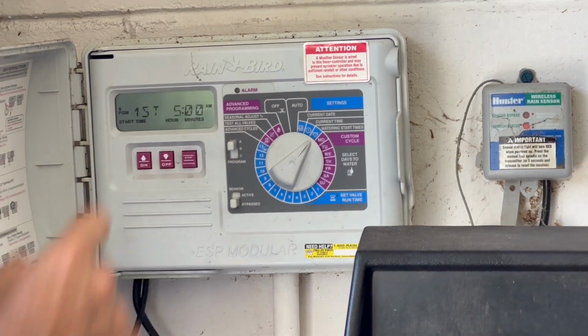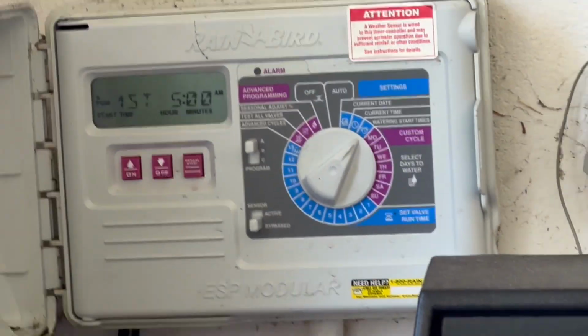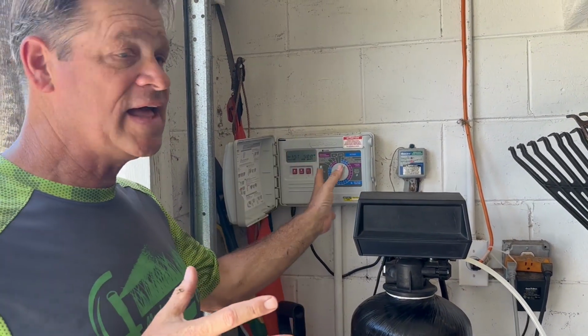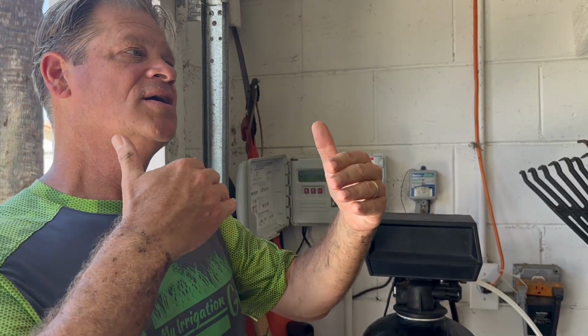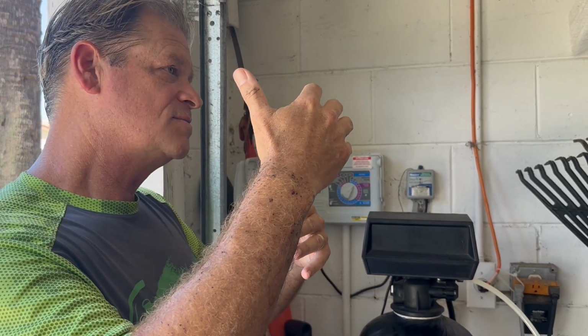It says first. As a point of reference for any controller, you want one start time once your landscape is established. Any more than that, and what will happen is your program will run again at the next scheduled start time. So in normal circumstances, you only need one.